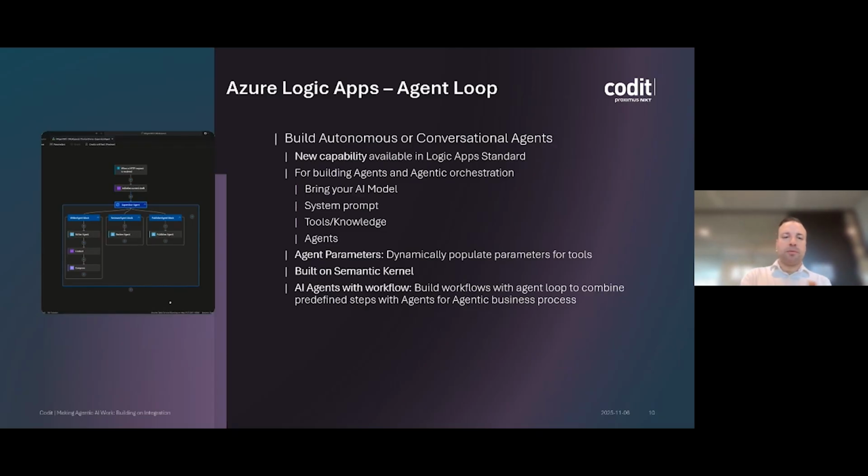So Agent Loop is going to be a game changer because it will allow us to do things that we could not do before. And you can use it with a trusted platform that you already know, being the Azure Integration Services.